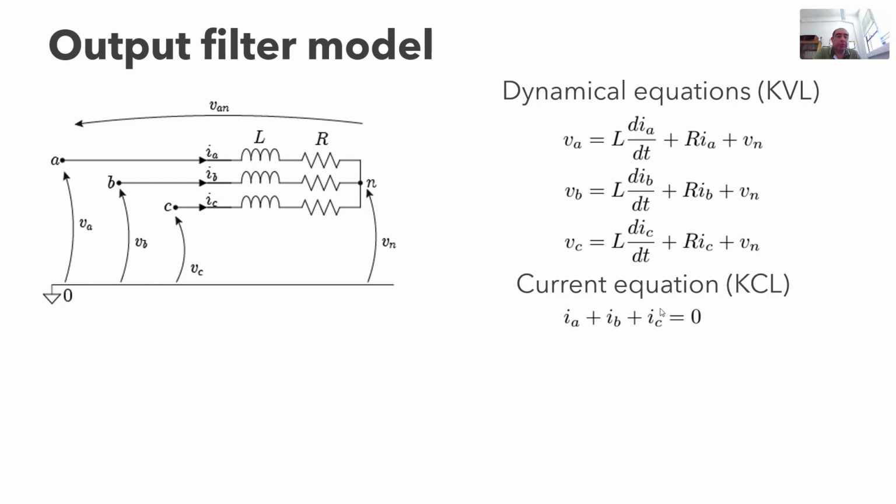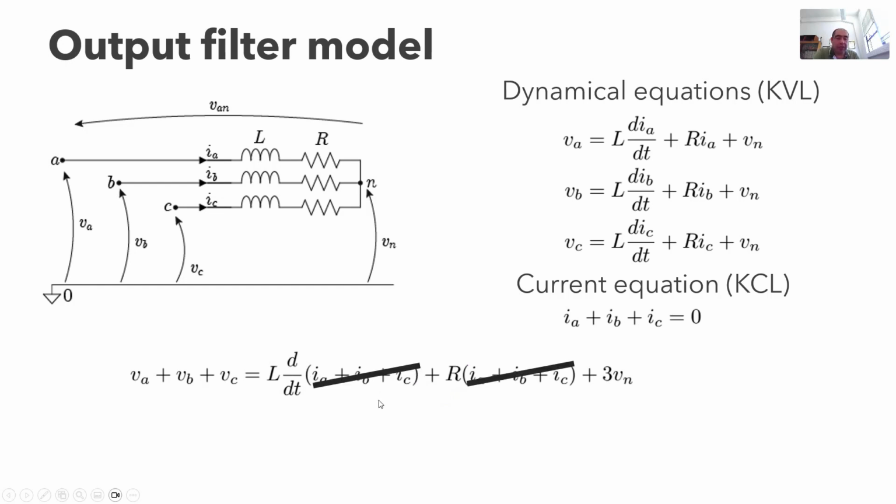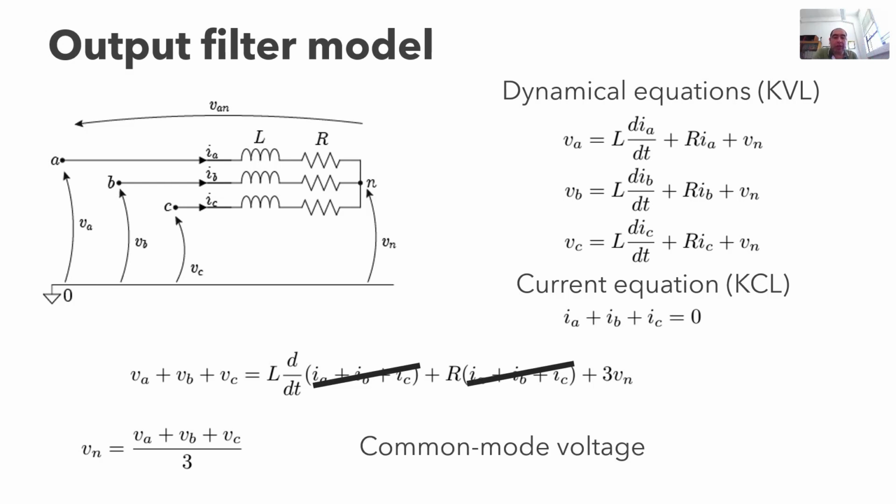To integrate these four equations, we add up the three voltage equations, resulting in this expression, and recognizing here the summation of the currents, which is zero, we can then solve for the neutral voltage, obtaining a combination of the phase voltages. This voltage is also known as common mode voltage.